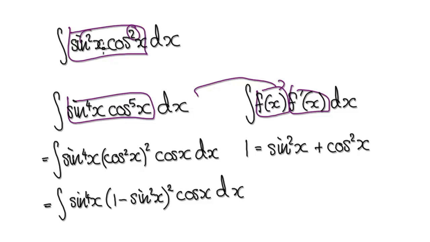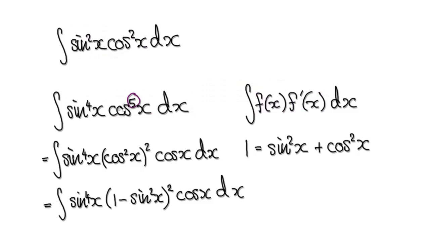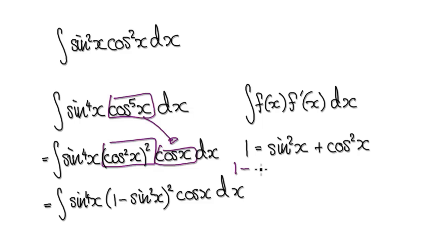Because if you've got an odd number, you can extract one block of cos. So extract one block of cos, and then the rest, cos to the power 4, can be written as this. So now 1 minus sine squared of x equals cos squared of x.